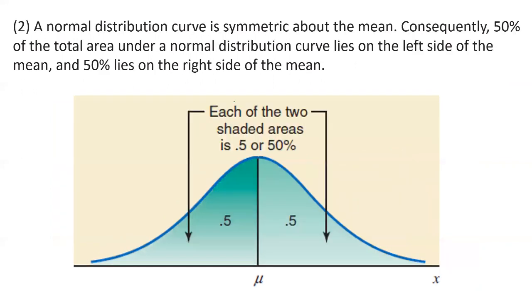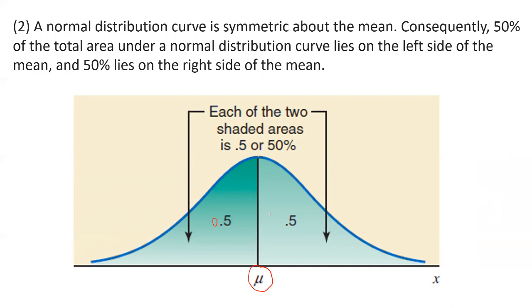The second, because the probability density function of a normal distribution is symmetric about its mean, on the left-hand side of the mean, this area is 0.5, right?